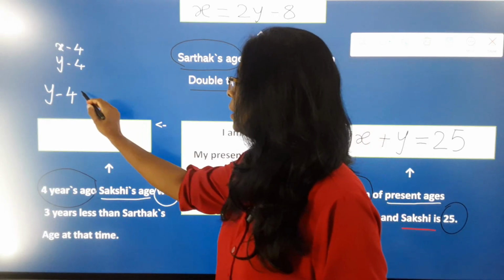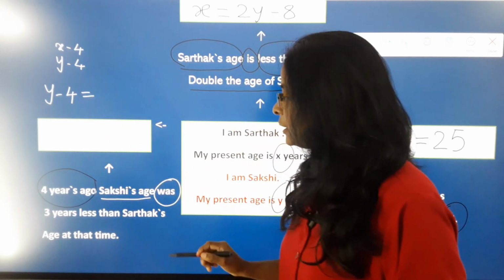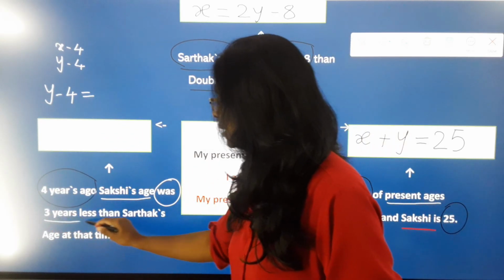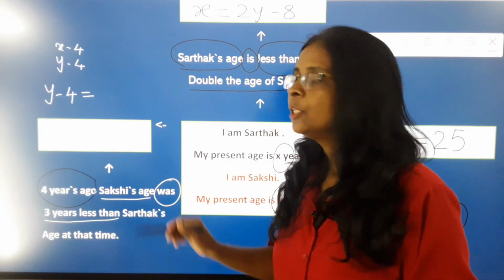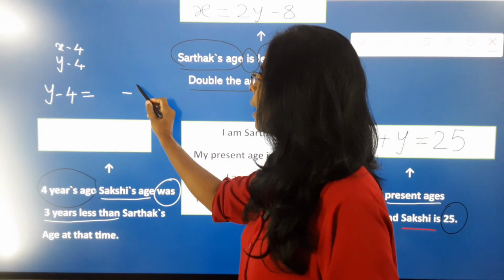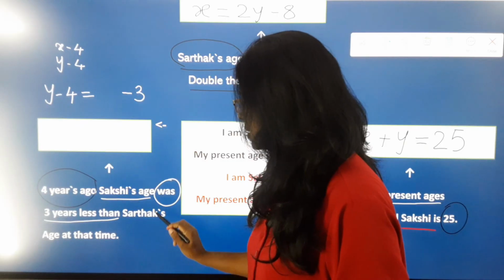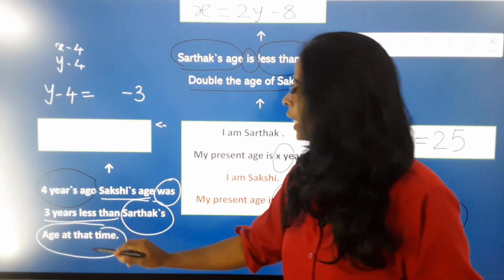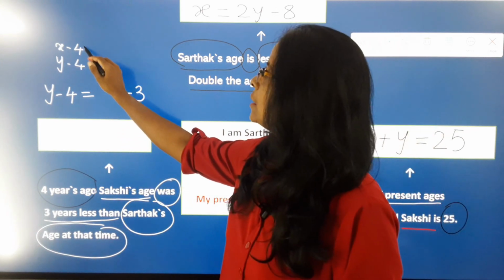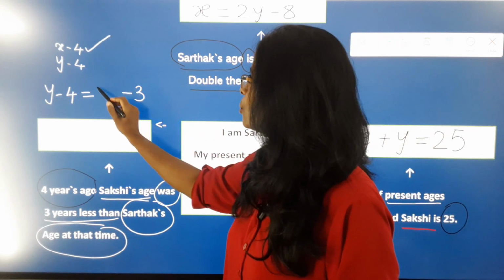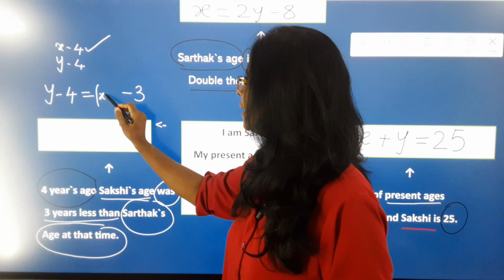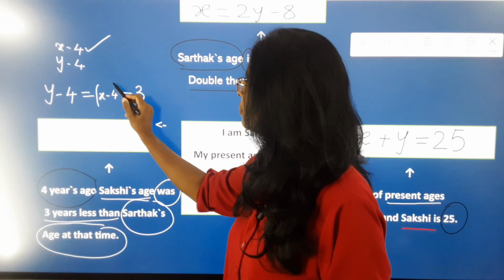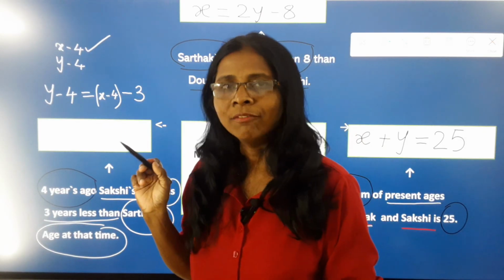Was, means is equal to, 3 years less than. Less than means minus 3. And Sarthak's age at that time: what is Sarthak's age at that time? x minus 4. So we write here x minus 4. So this is our equation.